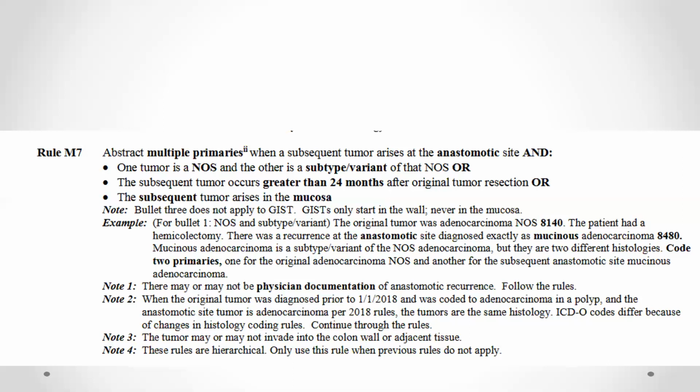So what would happen then, your original cancer in your database would be your sequence 01, and then this anastomotic recurrence would become tumor 02, sequence 02. It doesn't matter if the physician is calling this recurrence. Note 1 says there may or may not be physician documentation of anastomotic recurrence, but we follow the rules so that we are consistent, again, with our incidence and our reporting.